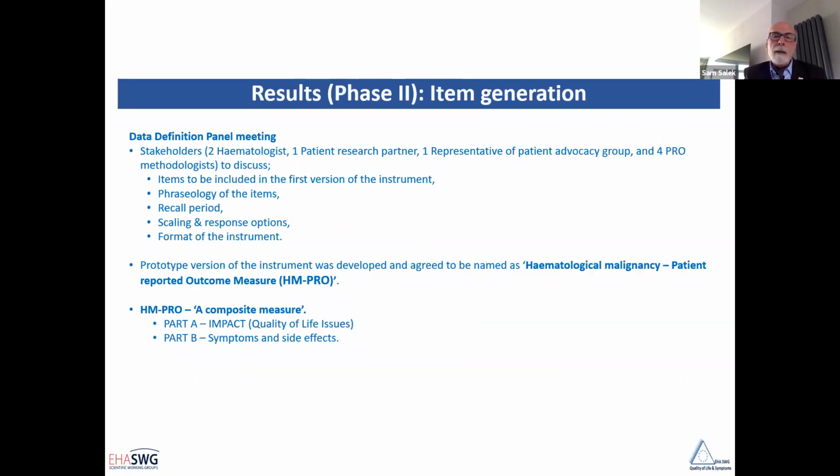So once we completed these qualitative phases, as Dagmar mentioned, then starts the development of the prototype measure, generating items from the themes and sub-themes that were generated through the interviews.